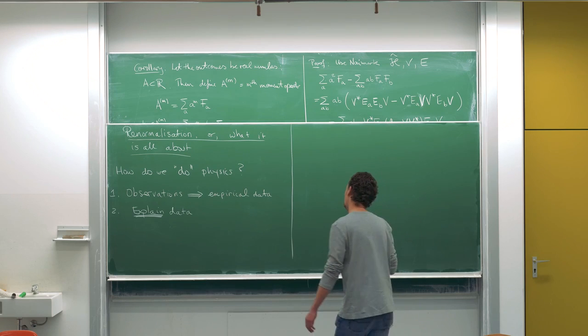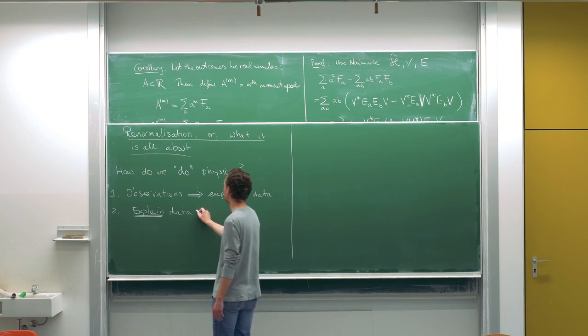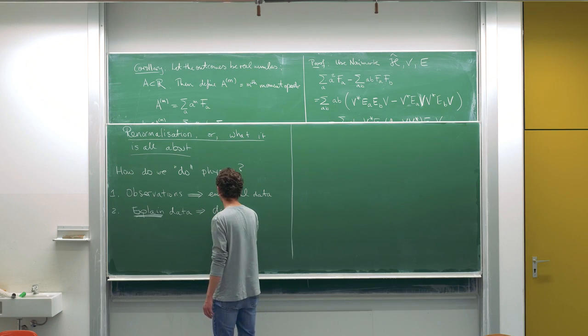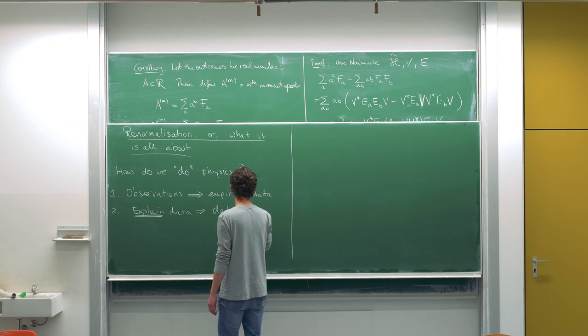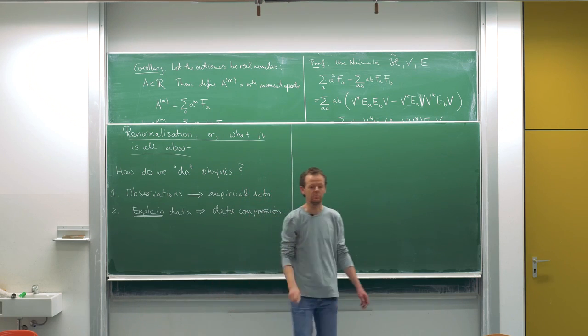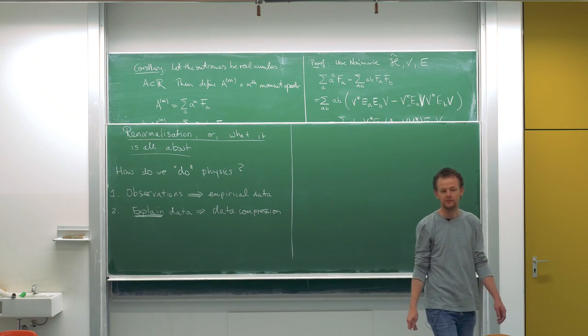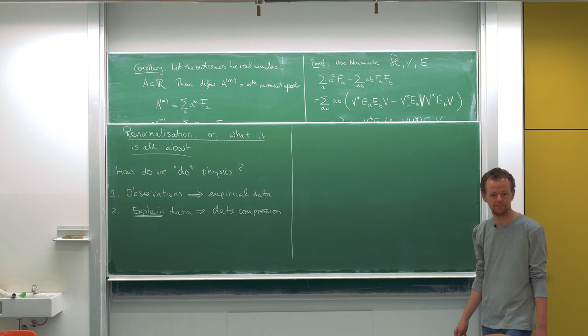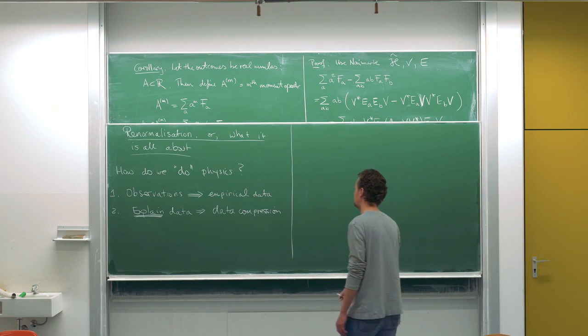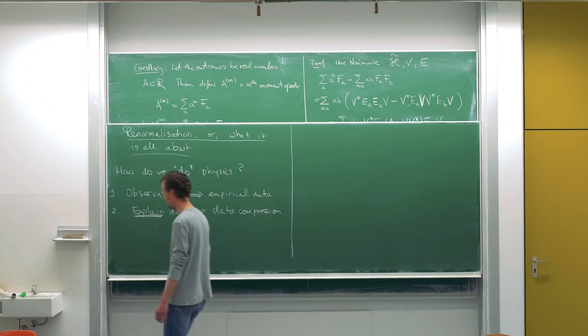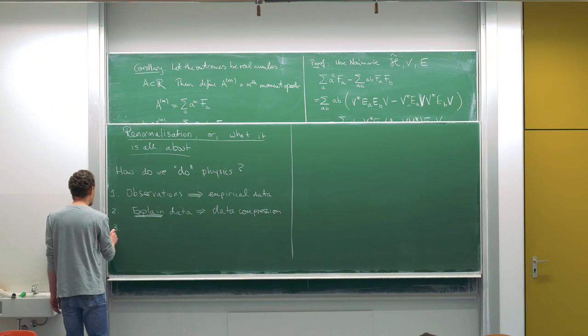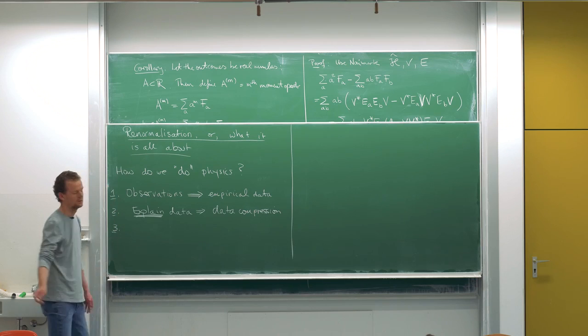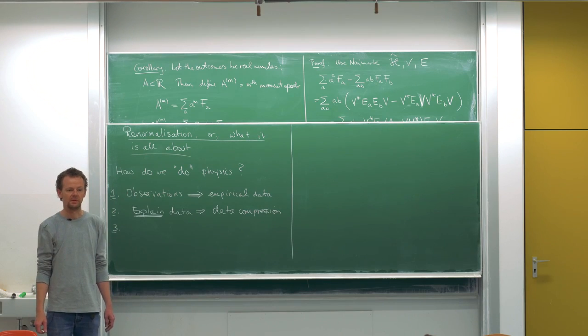So if you like, explaining data is kind of a form of data compression. You have all this observational data, you don't want to remember all of it, so you want to compress it. You want to make it easier to store without having to just remember the whole list.